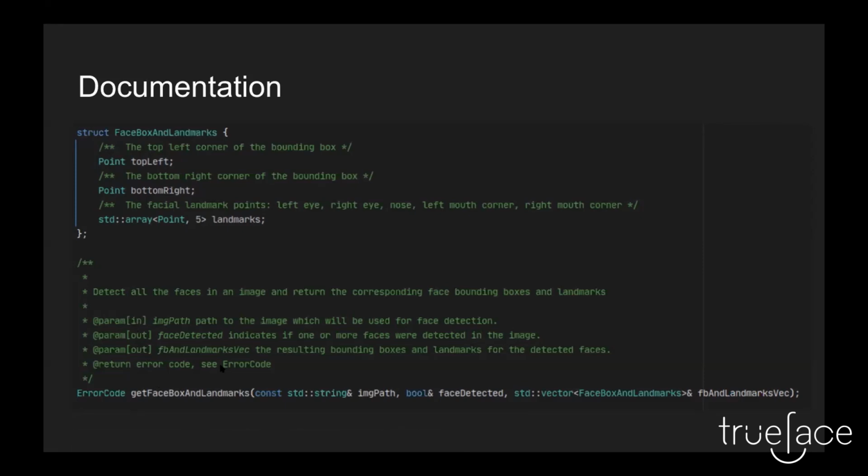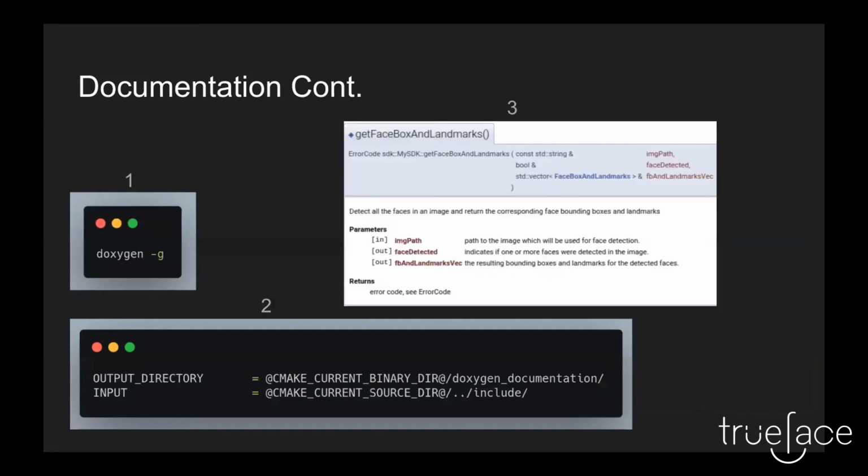Now we need to actually build the documentation. In order to generate the documentation, we need something called a Doxyfile, which is basically the blueprint which tells Doxygen how to generate the documentation. We can generate a Doxyfile by running doxygen -g in our terminal. This is assuming you have Doxygen installed, which you can do using apt-get. We then need to go ahead and edit our Doxyfile.